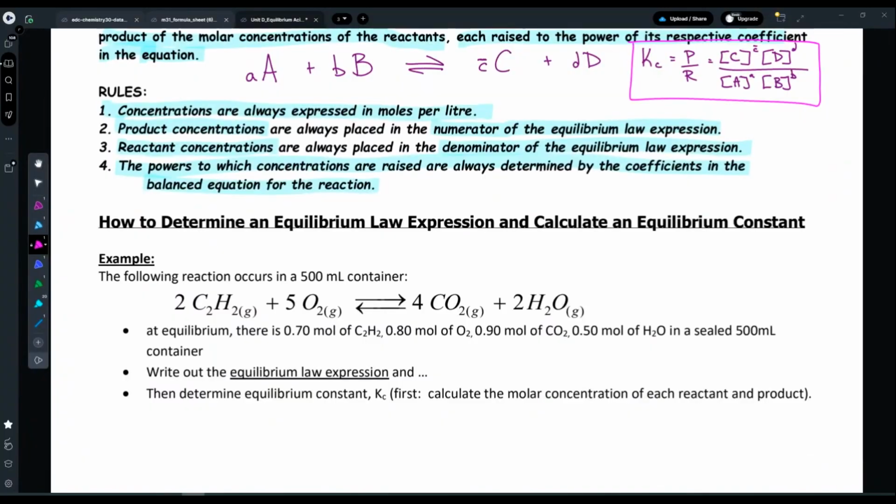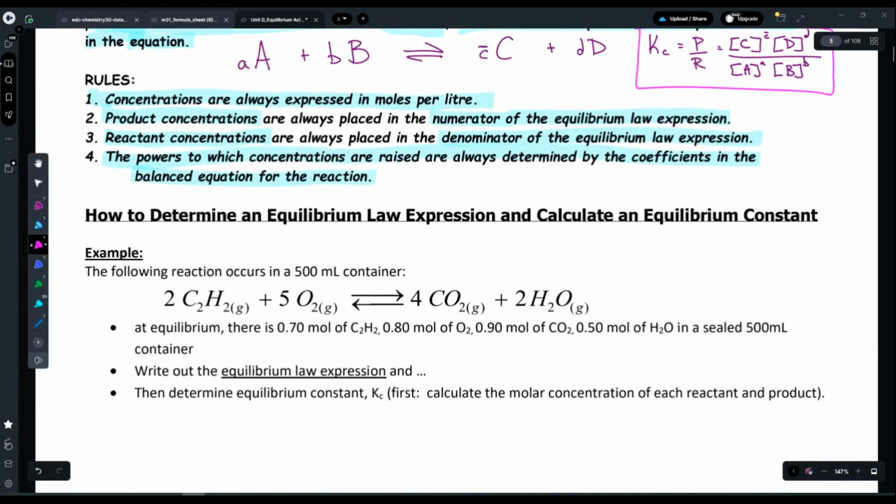All right, so how do we actually do this? Let's use some numbers. The following reaction occurs in a 500 milliliter container. We've got ethyne reacting with oxygen, so basically a fuel burning in the presence of oxygen, and it produces carbon dioxide and water vapor.